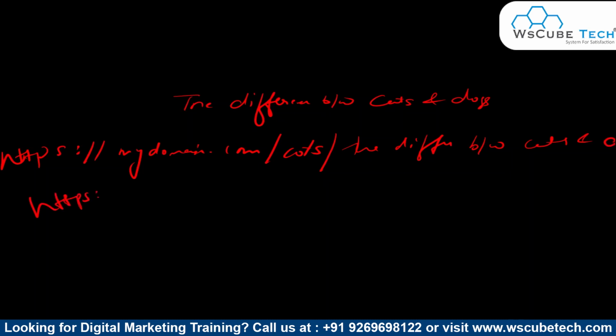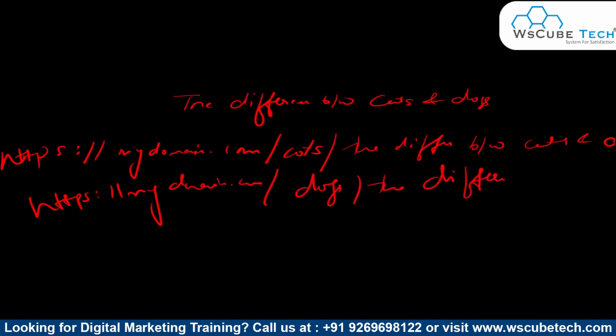And another URL you have is http mydomain.com slash dogs slash the difference between cats and dogs. So as both URLs point to the same post, a canonical URL would tell search engines which is the preferred URL for your post, so that they don't think you have duplicate content on the same site. So that's why we need a canonical URL.